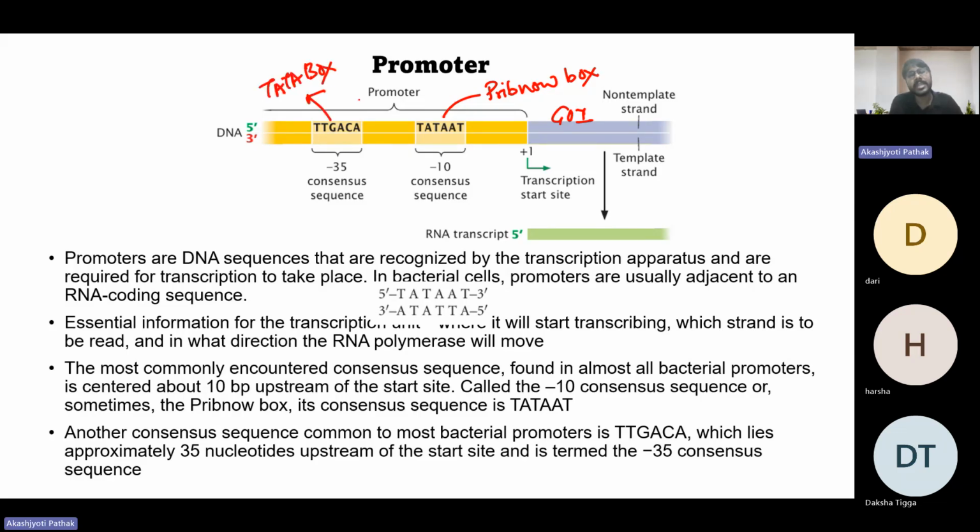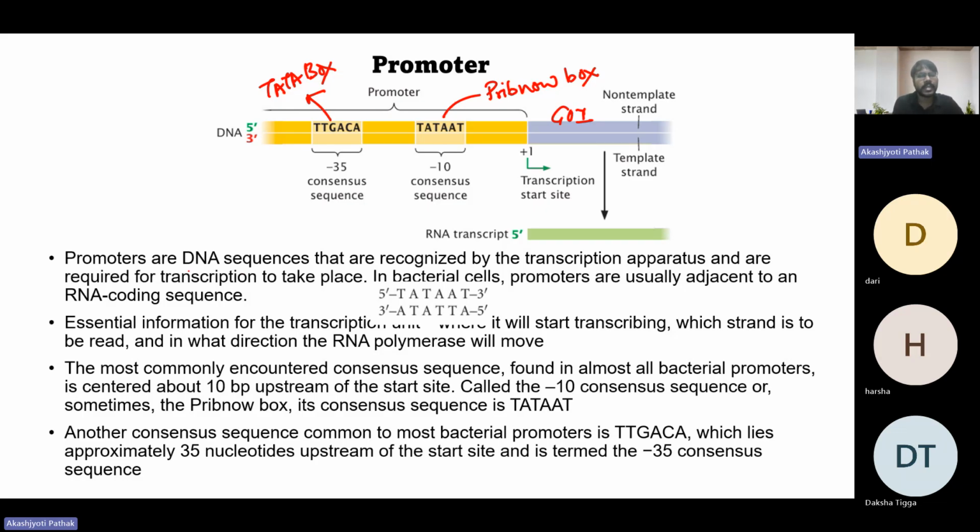These are the particular sequences which define a promoter region. Your RNA polymerase will look for these sequences and identify that this is my promoter region, and that it has to start transcription from the start site.